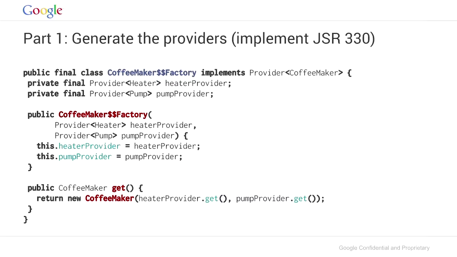So get the provider for those things, call get, return a new coffee maker. And that's all happening right down there. With the layer of provider indirection, it's otherwise exactly the same. And we generate that for you. And I would argue that most people, if they're familiar with providers, not having seen this for the first time, it looks pretty straightforward. It's certainly a lot shorter than our previous version.